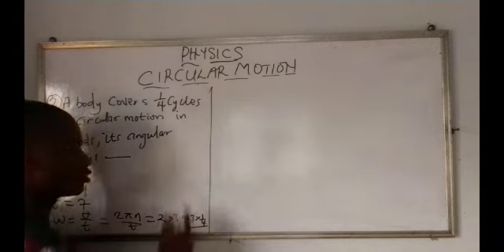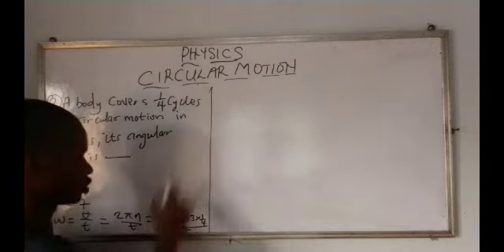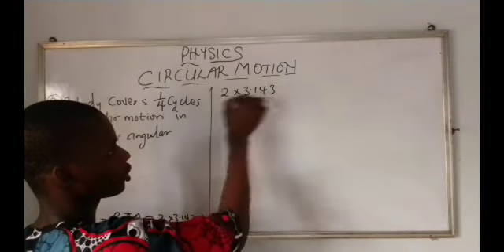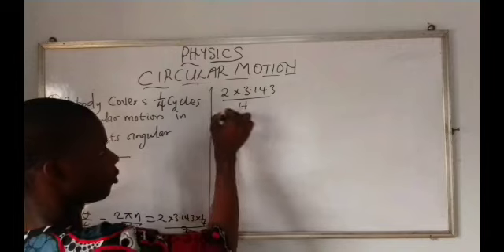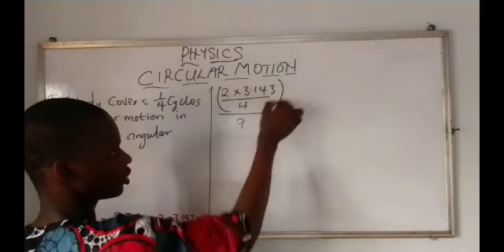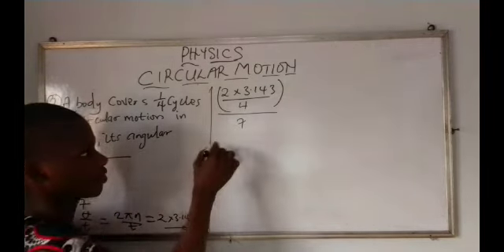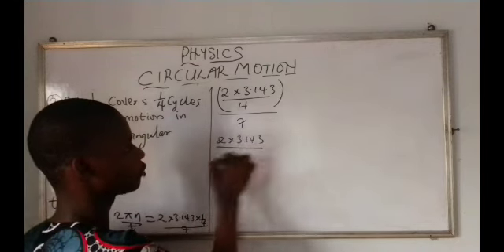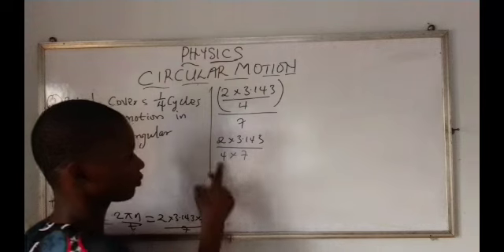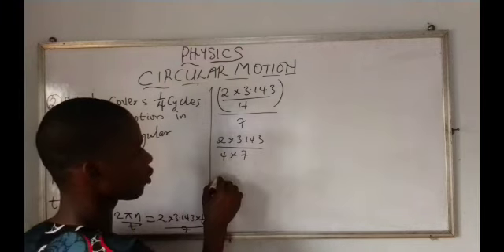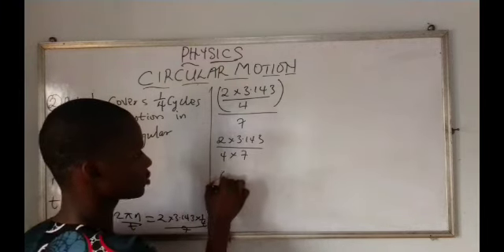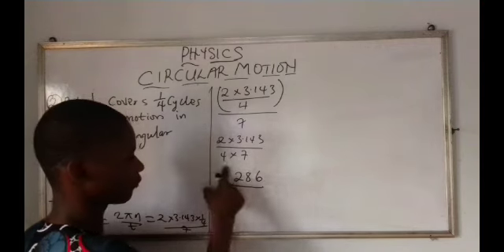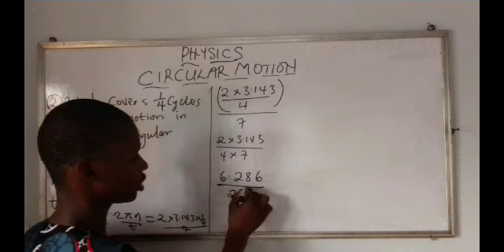Okay? You are very good in mathematics. Okay, let's go. This times this will give us 2 times 3.143 all over 4, all over 7. Okay? Which can also be expressed as 2 times 3.143 all over 4 times what? 7. This times this will give us 6.286 all over 4 times 7, which is what? 28.